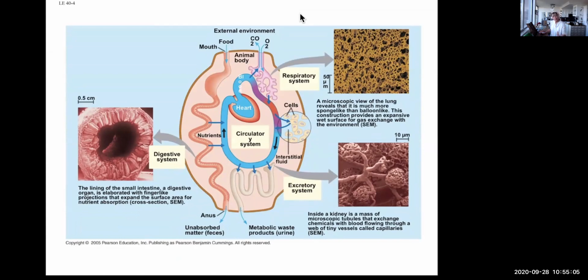And we have to have specialized body structures to diffuse carbon dioxide and oxygen with the atmosphere, and to diffuse nutrients into our cells and deliver to our body, and also excrete waste. So we're very, very specialized in that way.